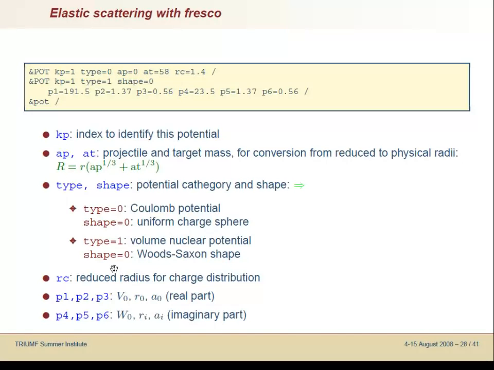We are now considering the elastic collision between the alpha particle and nickel. That's right. So in principle, we have to use 4 as AP. But in this case, practically, we set AP itself.